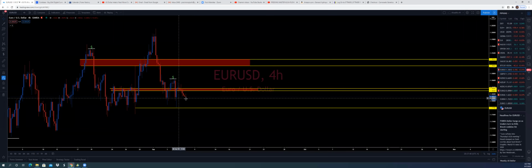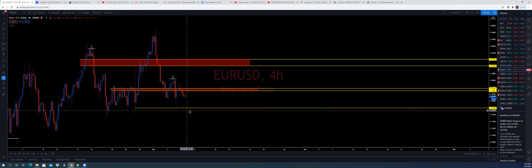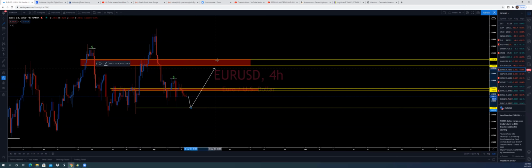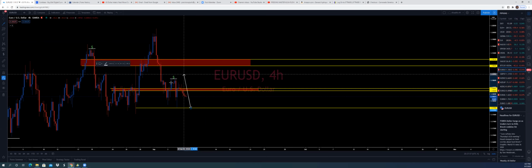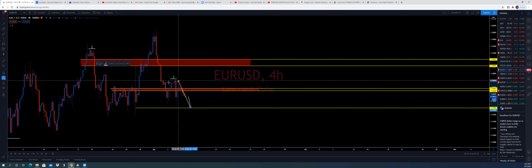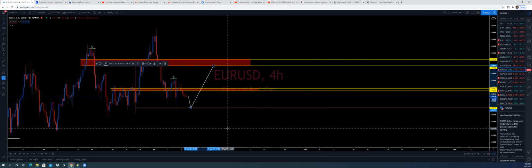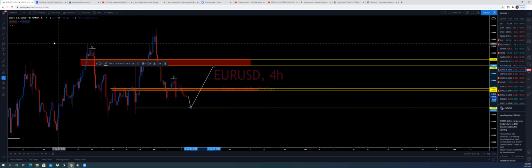And when Euro USD gets down to this level, I want to see how it reacts to this level. Because if the dollar continues to sell, then we could very well have Euro USD come back up and capture this liquidity and retest this price level at 1.1902.